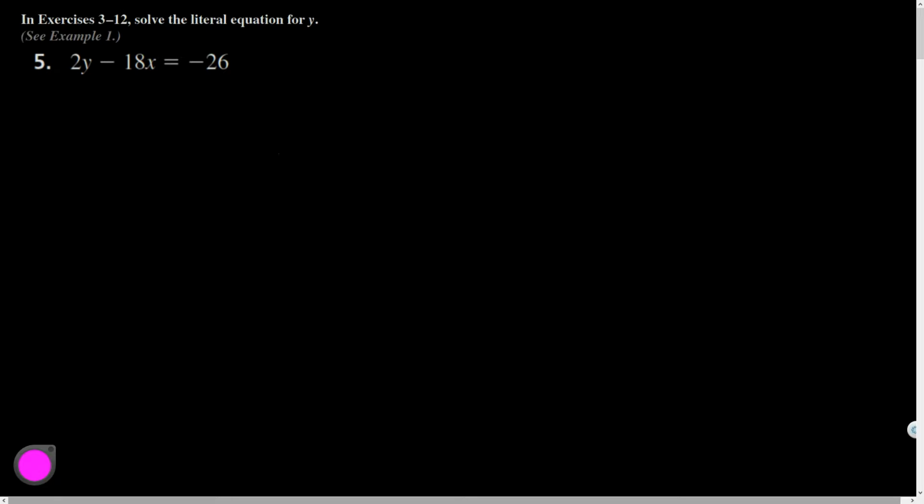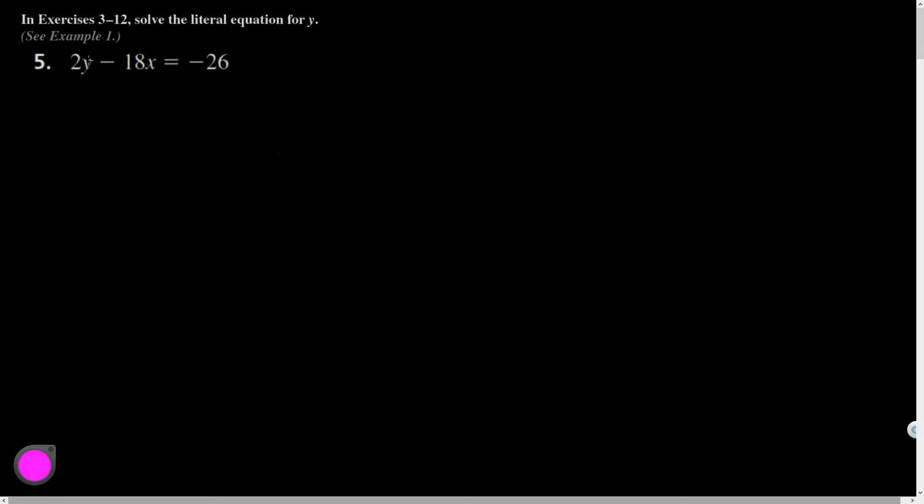A literal equation is when I have more than one variable in an equation. As a result, unless I have more clues, I won't be able to solve for the particular number that my first variable is equal to. The best I can do is rewrite it in terms of the other variable.